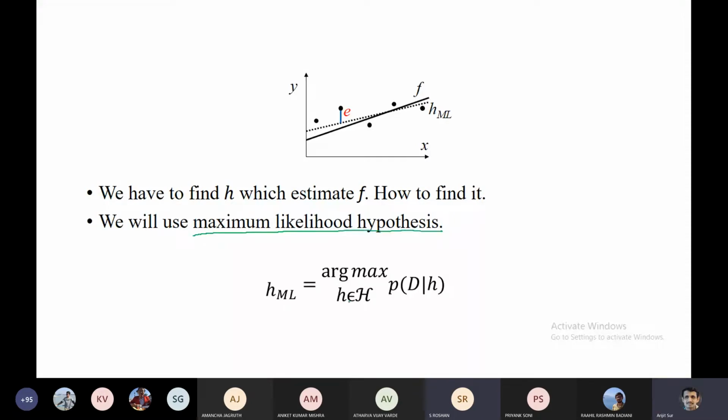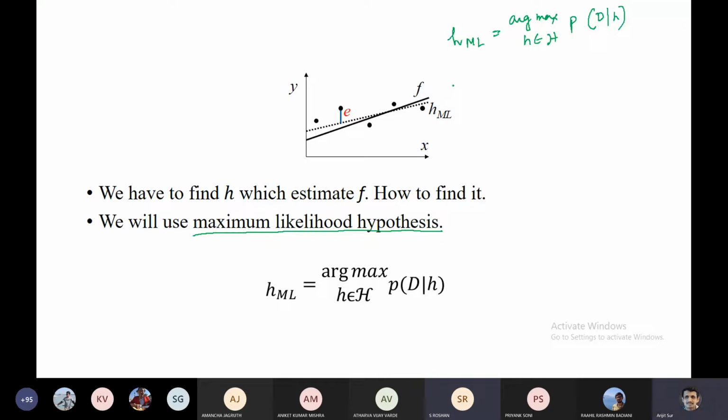So what is our ML hypothesis? h of ML, as we just learned, is argmax over h belonging to the hypothesis class H of the probability of D given h. The h's are equally probable because this is ML.